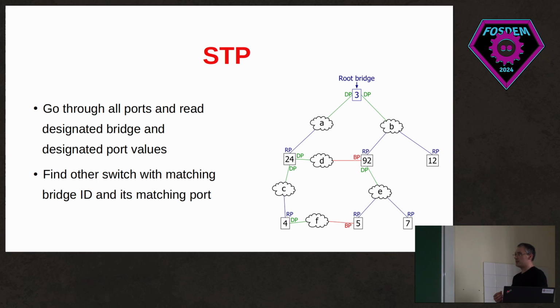If we read this switch, we will find a designated port looking here, and number 4 will be the designated bridge, and this interface will be the designated port on the remote side. So we basically know the MAC address of the switch and the MAC address of the port on the remote switch, and if we can find it in the monitoring system, we can create a link in our topology.